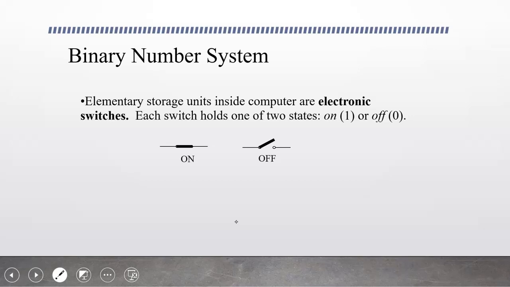Binary number system. Bi means 2. In a computer everything is represented in the form of zeros and ones. The reason is that the storage units inside computers are electronic switches that can have only two states, either on or off. If the switch is on, it represents 1, and if it is off, it represents 0. This is the reason computers use the binary number system.